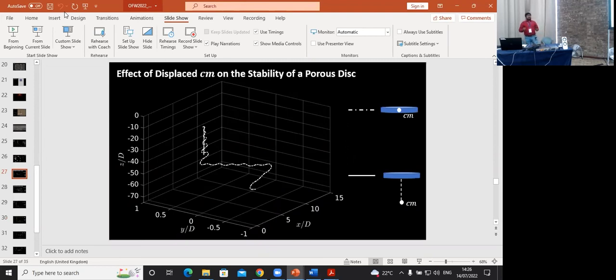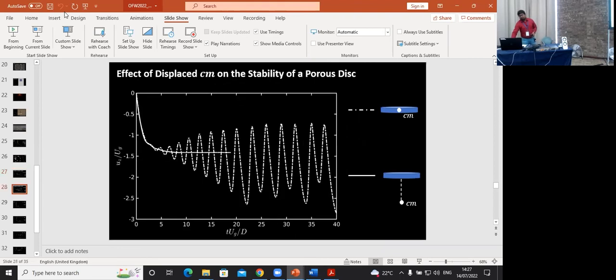At the same Galileo number, where the homogeneous case was giving rise to a tumbling state, we see that the body, after the initial transient, comes back to a steady fall because of this offset distance. So this gives us a hint in how the passive flyers, by putting their seed at an offset, stabilize their free fall.